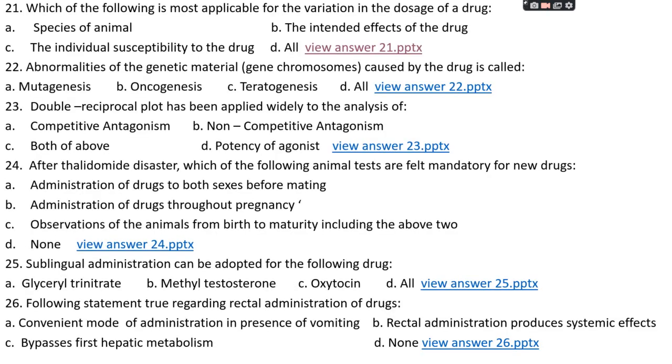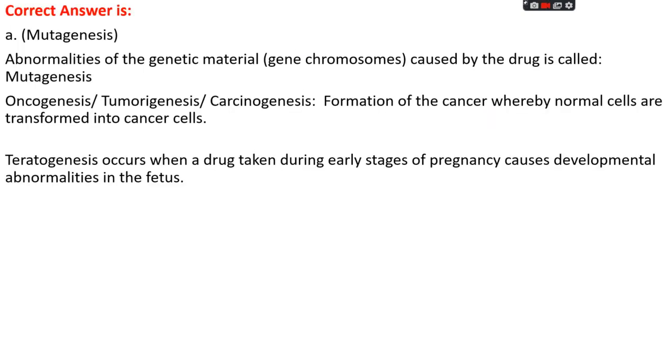Okay. Question number 22. Abnormality of the genetic material, genes and chromosomes, caused by a drug is called: option A, mutagenesis; option B, oncogenesis; option C, teratogenesis; option D, all. The right answer is option A, that is mutagenesis.